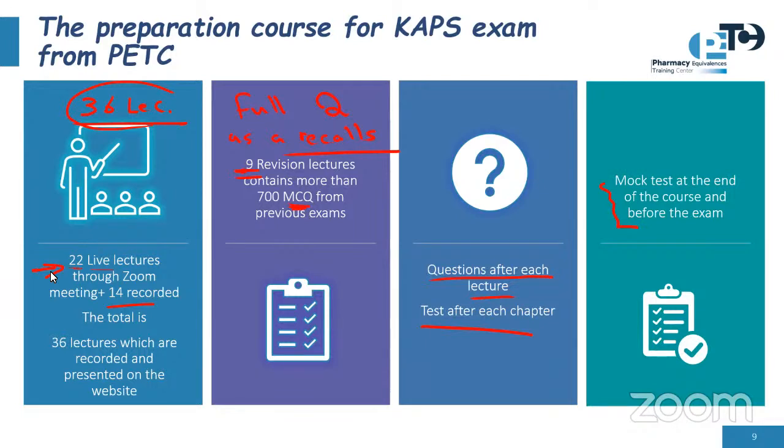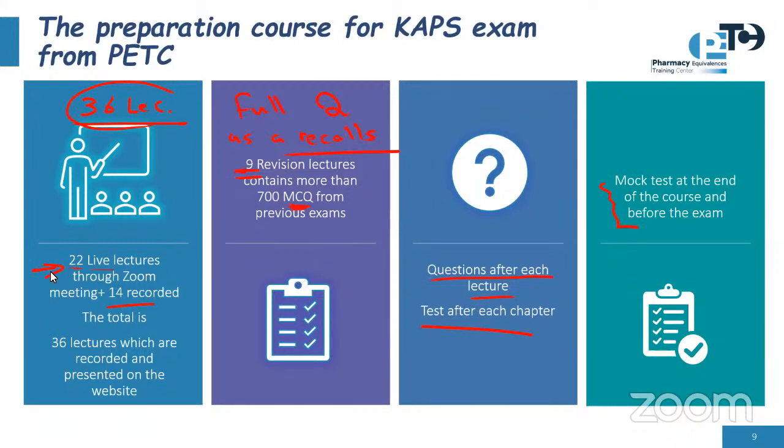It has the same structure as the exam, composed of 2 papers, each paper having the same content as the real exam and the same time, so you can solve it as in the real exam. This will help you to manage your time in the exam and feel the same as if you were in the real exam. This mock test will be done just before your exam, 1 or 2 weeks maximum. Okay, those are the features of the course.